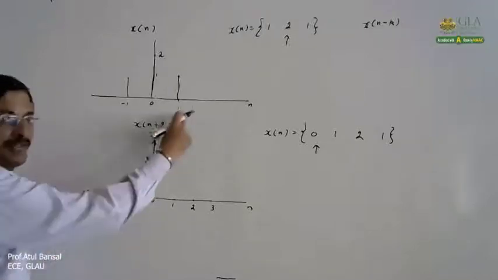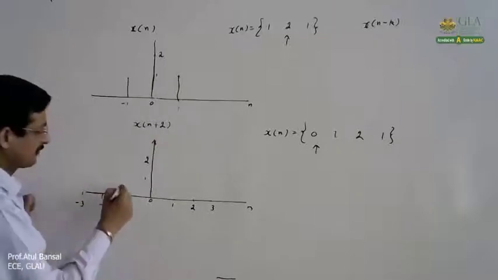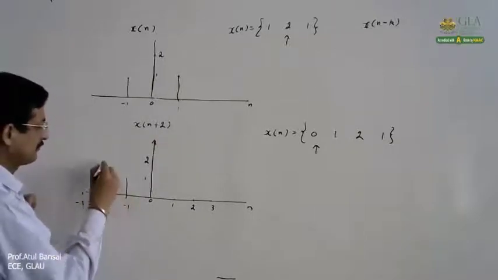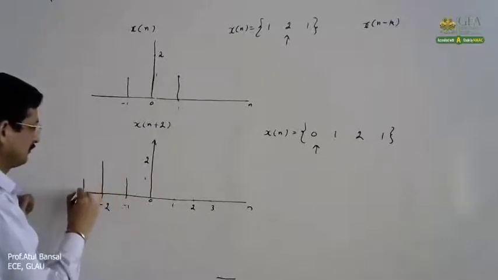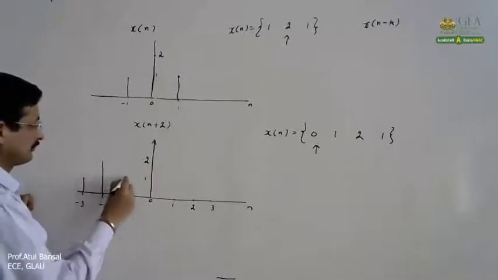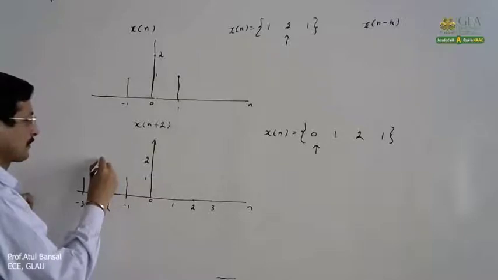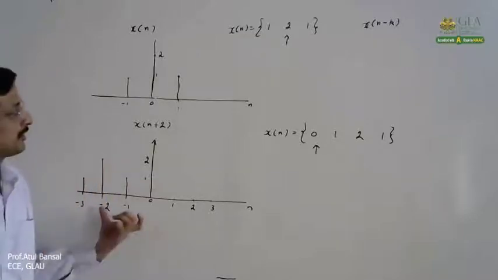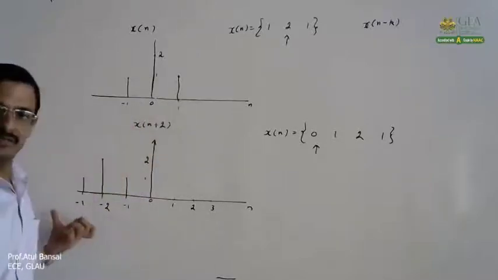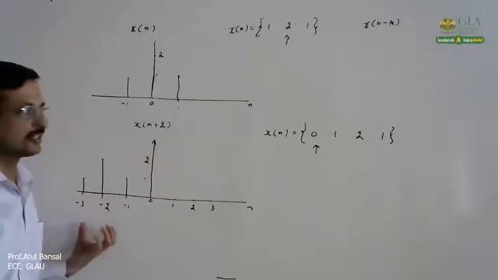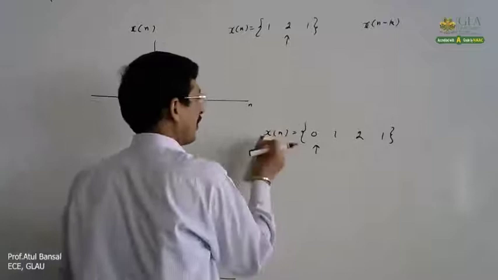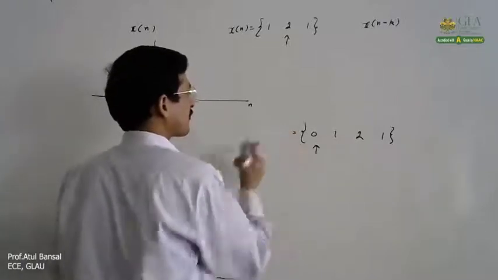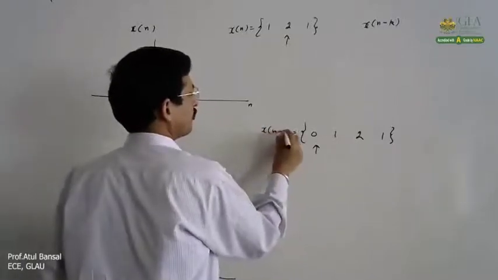Whatever is at 1 will now reach at -1. So this gets shifted towards the left hand side, or we say the signal gets advanced.